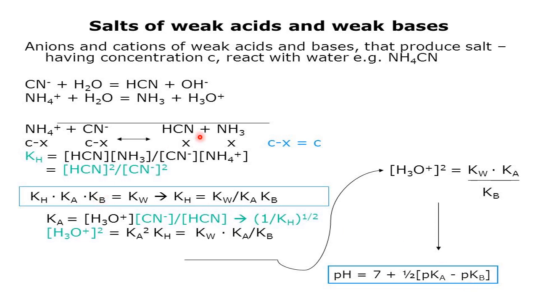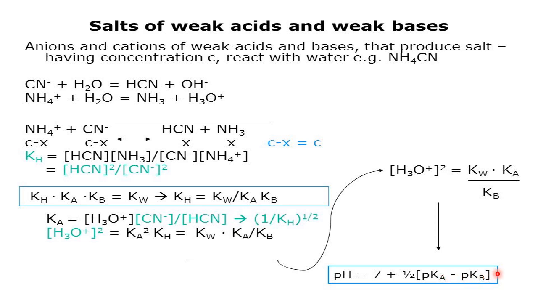Now, what happens when the salts of weak acid and weak base undergo hydrolysis? Weak acid and weak base are neutral once again, pH equal to 7. So whether it is strong base, strong acid, weak base or weak acid, the pH is always around 7. And their pH is calculated by using a special formula: pH equal to 7 plus half into bracket pKa minus pKb.